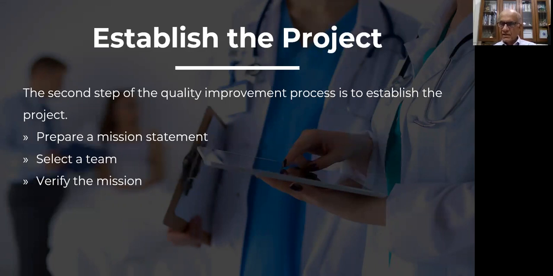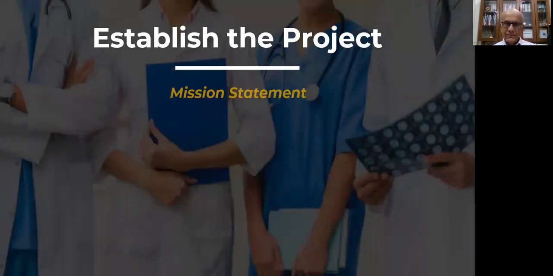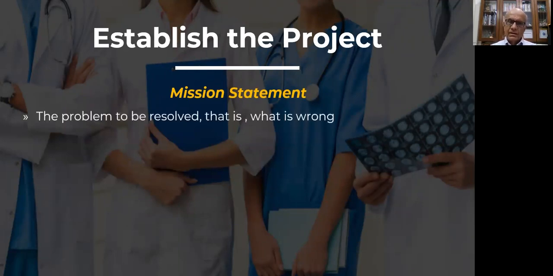Now let's look at this a little more closely. A mission statement. The mission statement has the problem to be resolved, what is wrong, and what has been repetitively wrong.